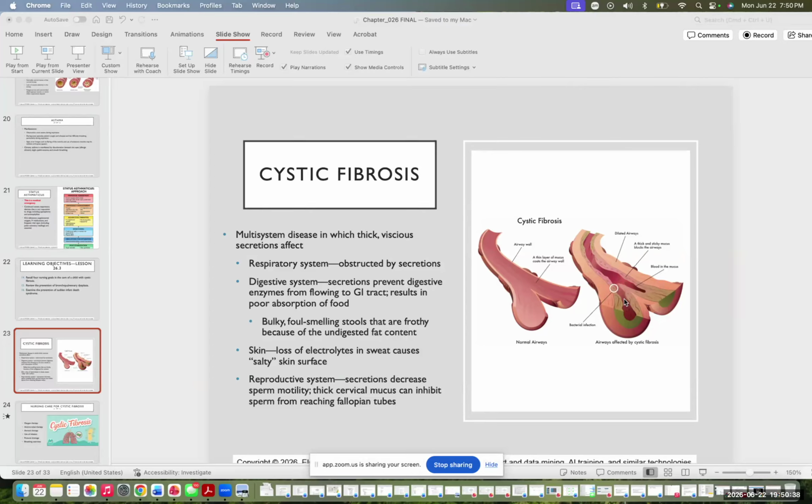So these kids also have to take enzymes in order to digest their food. So digestive system secretions prevent the enzymes from working in their GI tract, and it prevents their absorption of food. So what happens if you don't absorb the food? What kind of states will we have? The nutrients. Yes. Malnutrition.